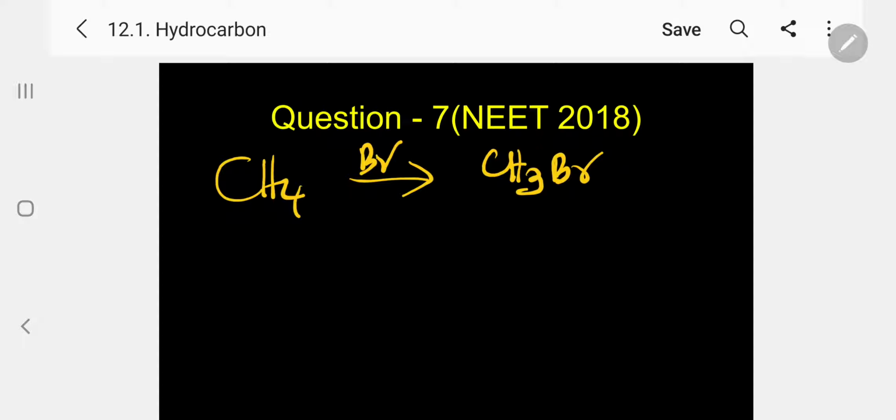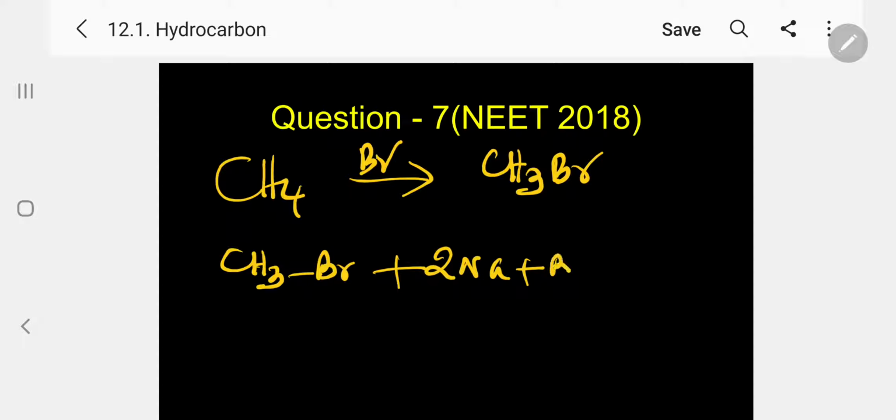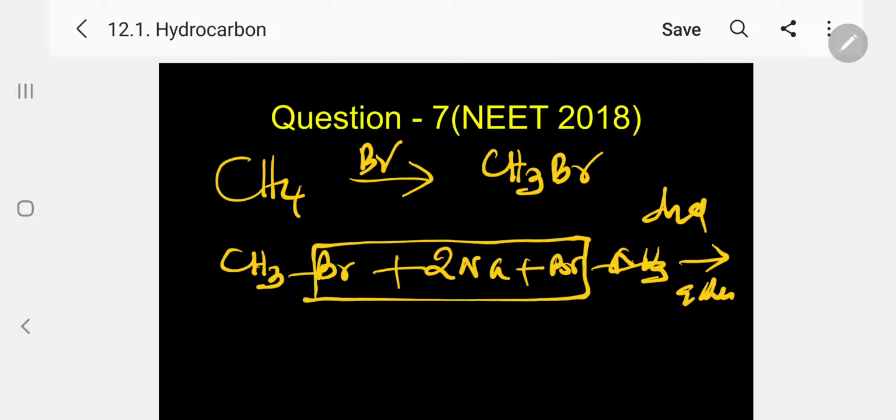Methyl bromide then undergoes the Wurtz reaction with Na, giving NaBr. This is for your convenience, I am writing it to memorize easily. Dry ether, this is the Wurtz reaction. It removes this 2, so the product is ethane, which has fewer than 4 carbon atoms.